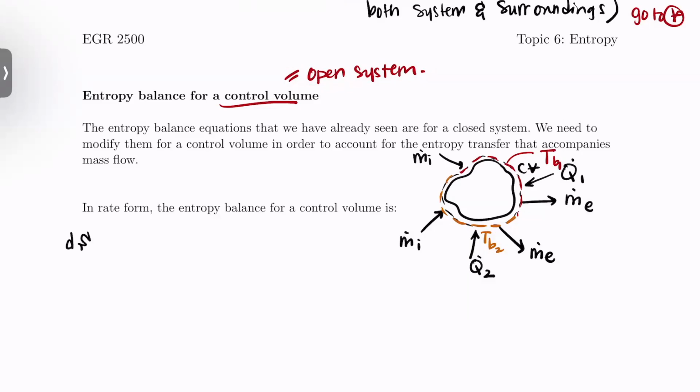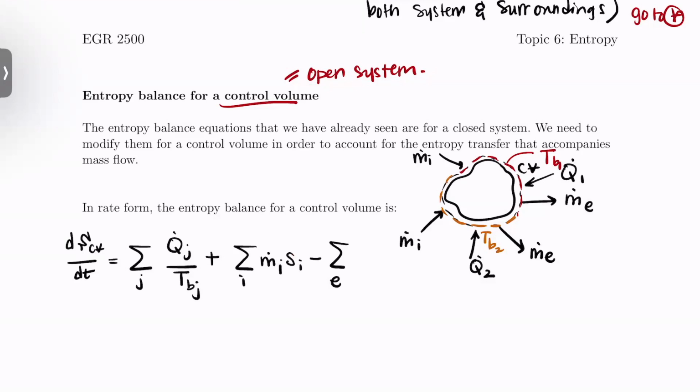We have the time rate of change of entropy for our control volume, so dS_CV/dt is equal to the sum over all of our little boundaries, Q dot at that boundary divided by the boundary temperature at that boundary, plus the sum over all of our inlets, m dot i s i, so this is our specific entropy now, minus our sum over all the exits, m dot e s e.